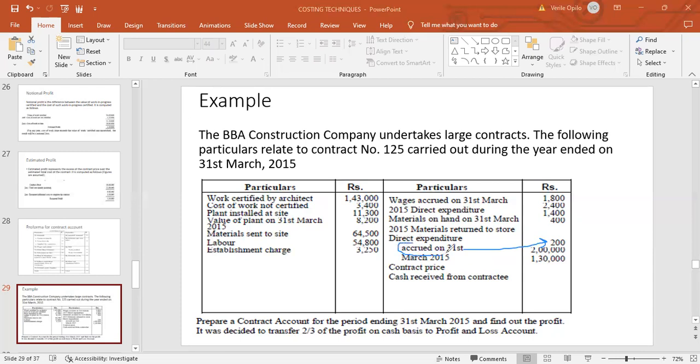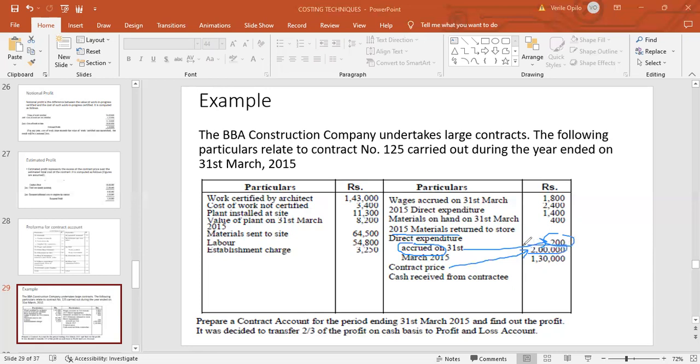When we say accrued, it means that it hadn't been paid for by the closing date. The company has incurred that expenditure but hasn't paid for it, so it will still have to be factored in.